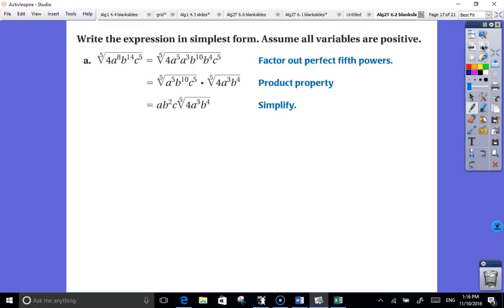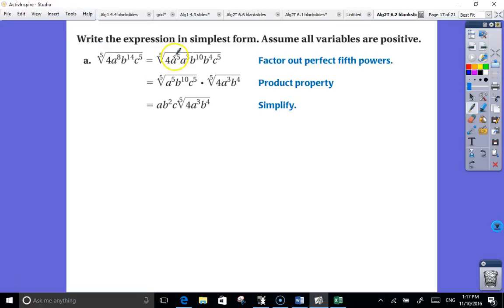Notice that they said, okay, 8 divided by 5, it doesn't go evenly. So let's break it down into 2 factors with a base of a, and then let's get the most simplification possible. So you say 8's not divisible by 5. What's the greatest number less than 8 that is divisible by 5? And you say 5, right?